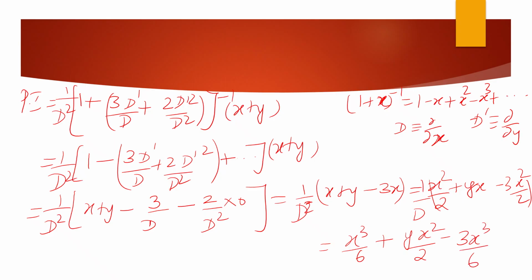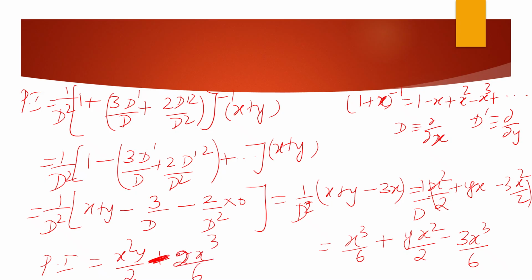That is finally my particular integral is x square y by 2 plus, here I'm having x cube minus 3x cube, which is nothing but minus 2x cube by 6.